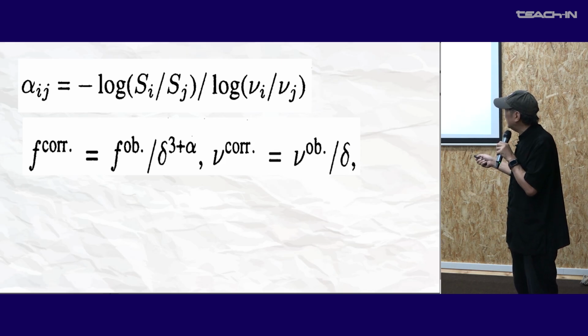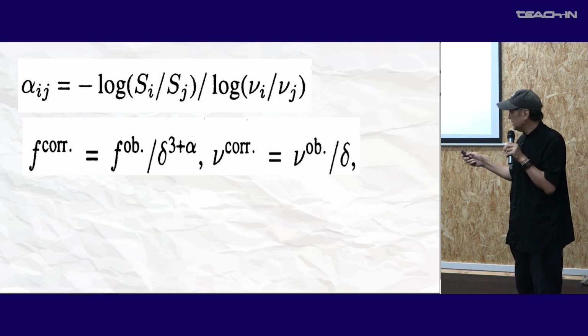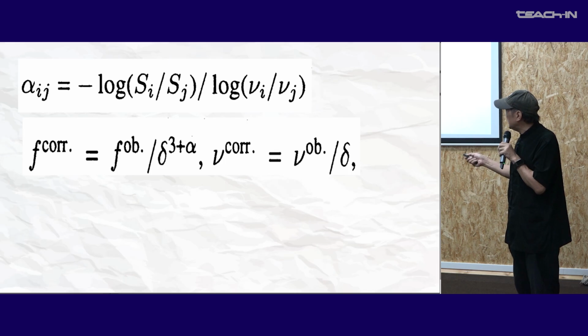We can calculate the intrinsic spectral index. Then we do this for RBL, finding the intrinsic flux density and the intrinsic spectral index.